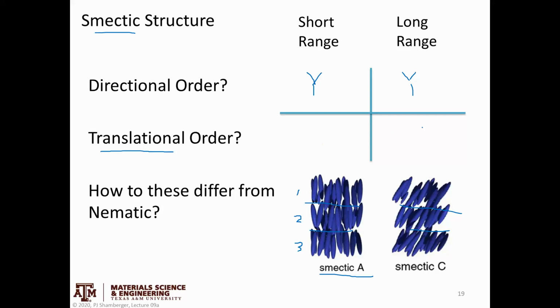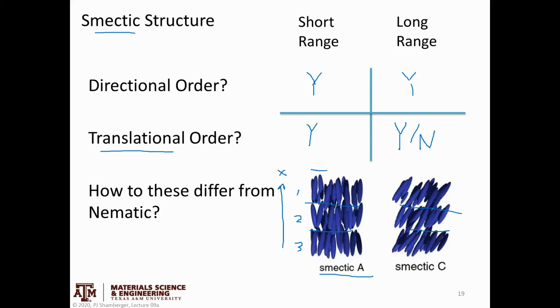And so what that means is that, while yes, they have some short-range translational order, they also have some longer range translational order because they tend to fall in a layer, although that is only in one direction. So if I think about a direction perpendicular to the layers, let's call this X, then I could tell you with some certainty positionally where these molecules are.